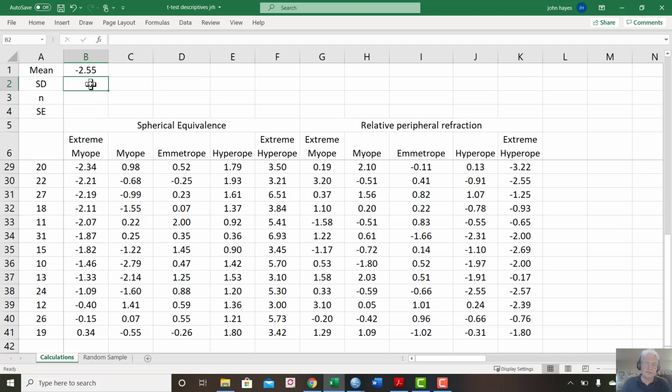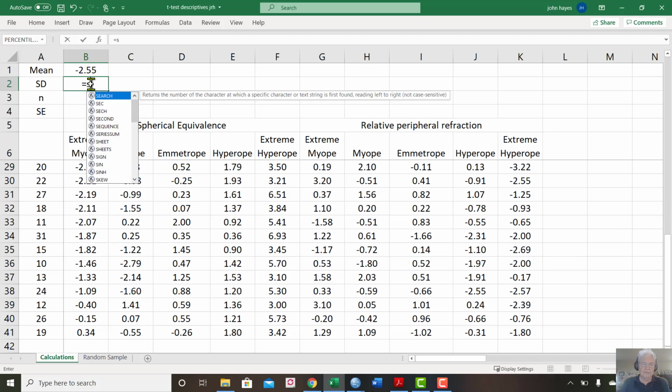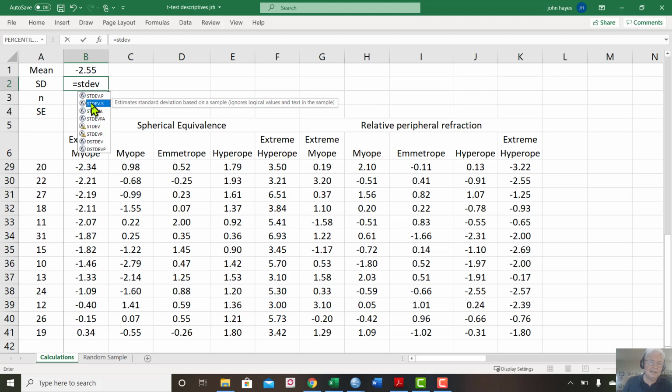All right, let's look at the standard deviation. Now, there's a number of different functions for standard deviation. This one right here is the simple sample deviation, and it's a legacy function, but it's still the one I use, just easier. It saves some time. This, for example, STDEV.S, is the standard deviation of a sample, which is identical.